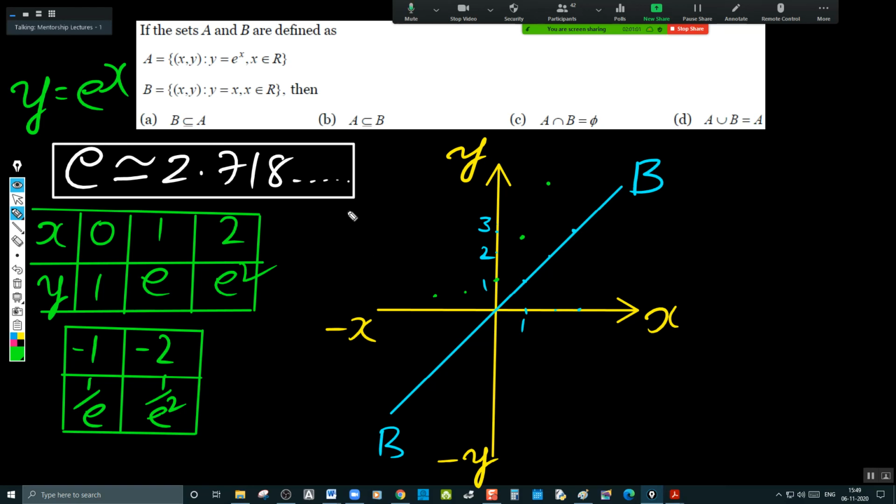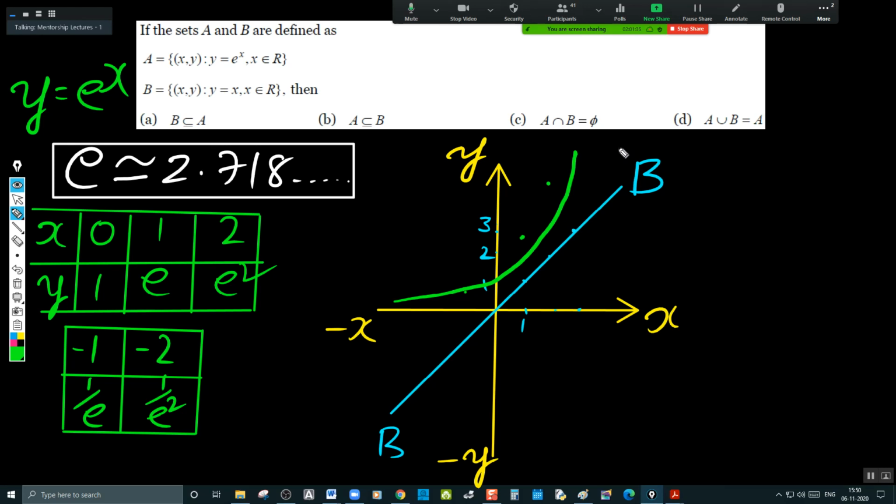That means it takes a curve like this. It goes like this.